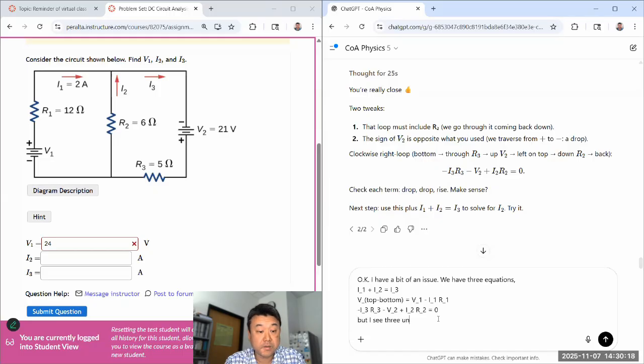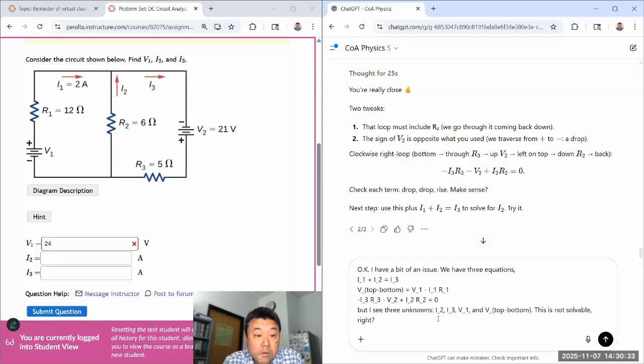I see 3 unknowns: I2, I3, V1, and V top bottom. This is not solvable, right? Although, yeah, it's not solvable, because surely you might be able to do just the right branch.